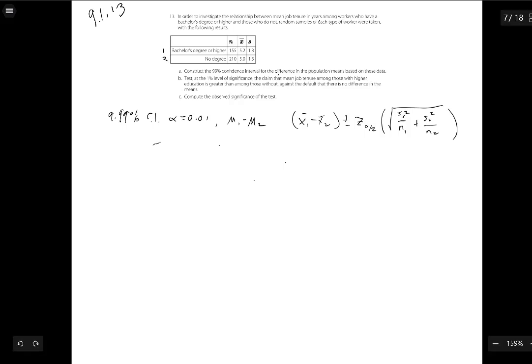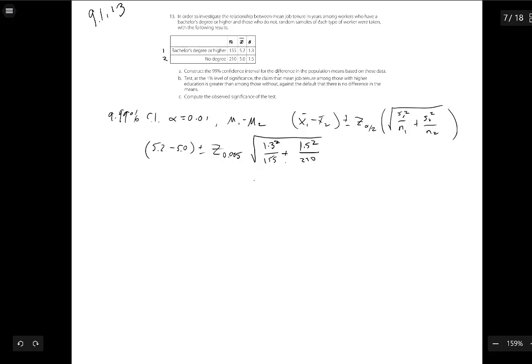We have 5.2, the mean from the first sample, minus 5.0, the mean from the second sample, plus or minus z at alpha 0.01 over 2, so 0.01 divided by 2 is 0.005, times the square root of our standard deviation squared divided by the number of observations in that sample, 155, plus the same for the second one, 1.5 squared over 210.